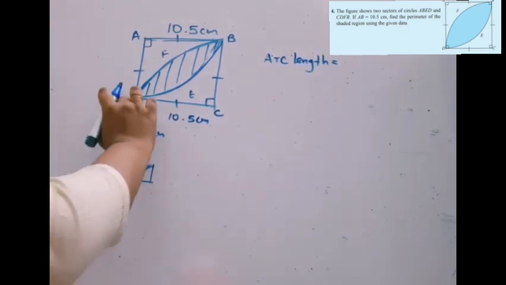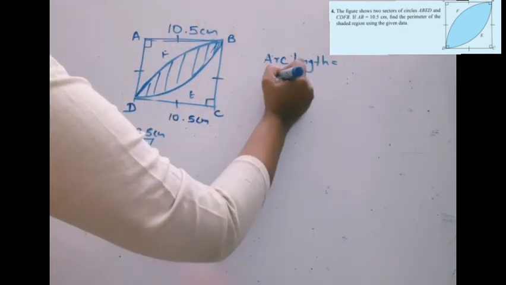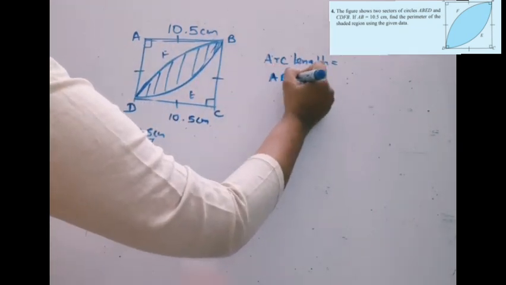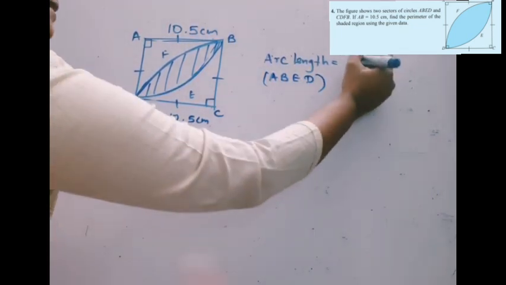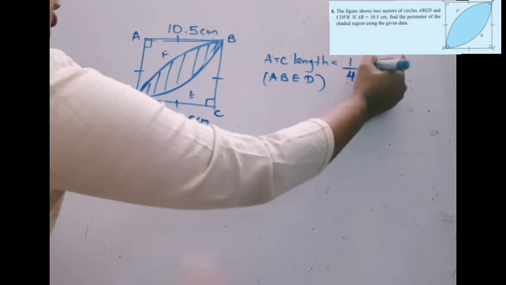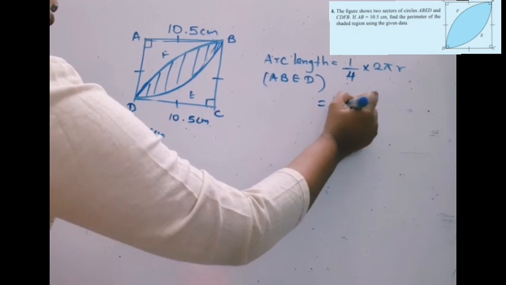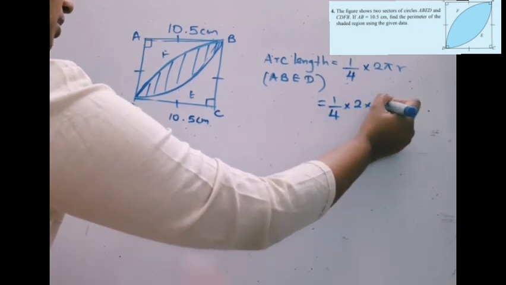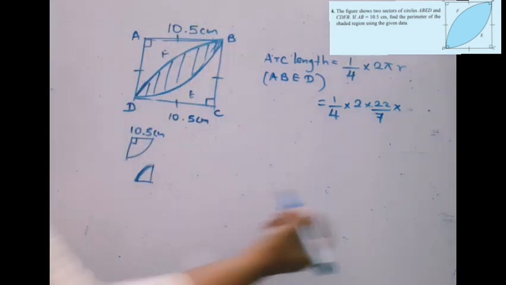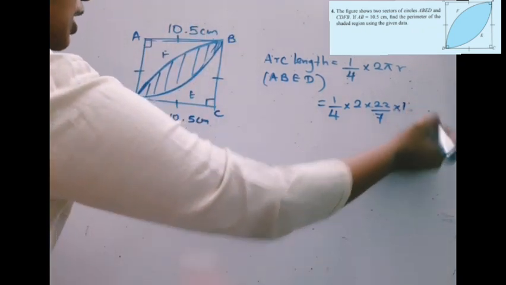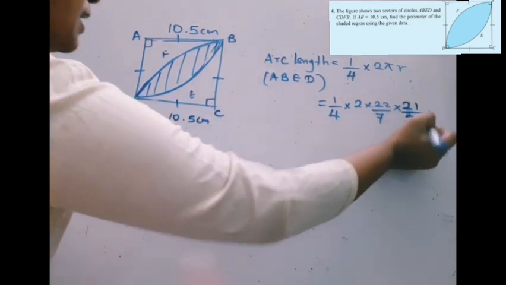Okay, so let's find the arc length of ABED first. Since this is a quarter circle, 1/4 into 2 pi r, 1/4 into 2 into 22 by 7 into the radius, which is 10.5. Now 10.5, I'm going to write it as 21 by 2.